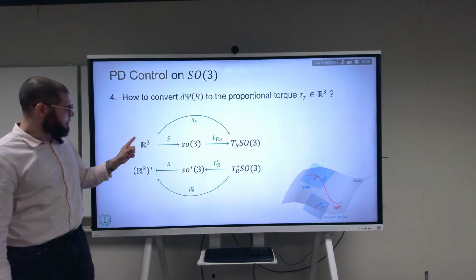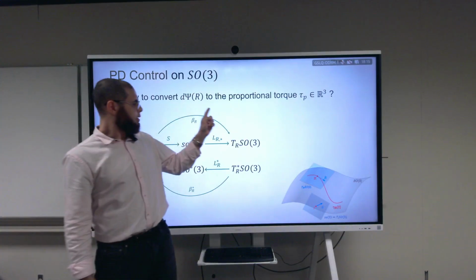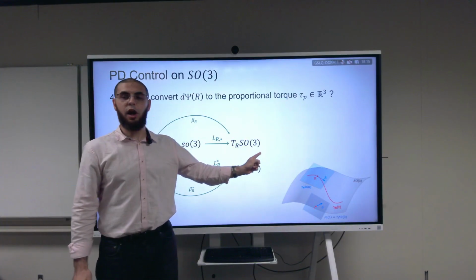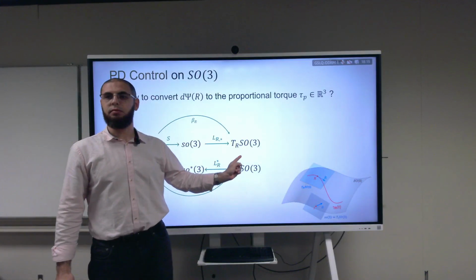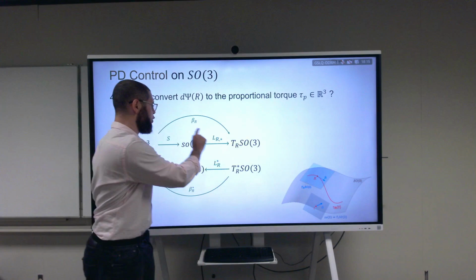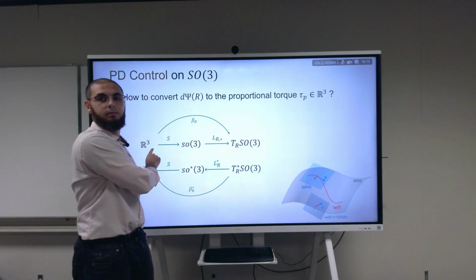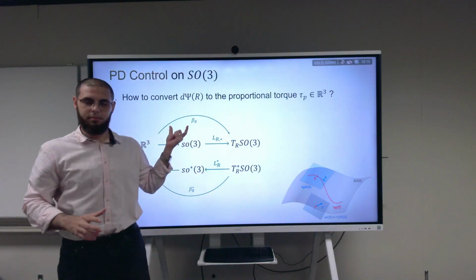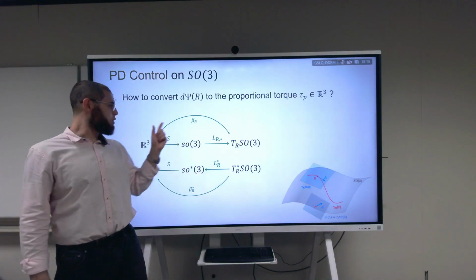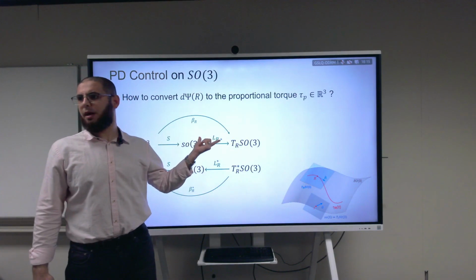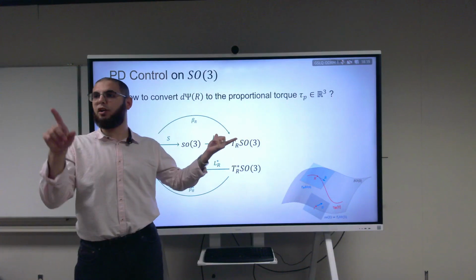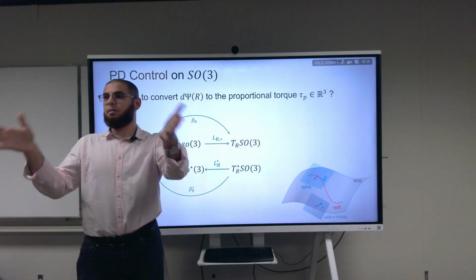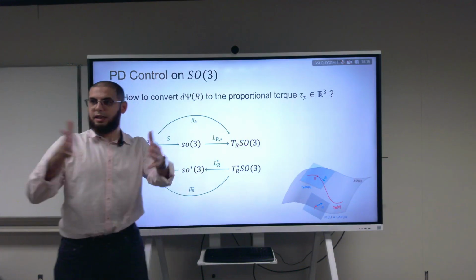The angular velocity was mapped to something called R dot, and the R dot lives in here. And we know that R dot is equal to beta R acting on omega. So this was a linear map. Why is that a linear map? I told you earlier, in the beginning of the lecture, that if you give me omega 1 and omega 2, I can simply show that it is a linear map.